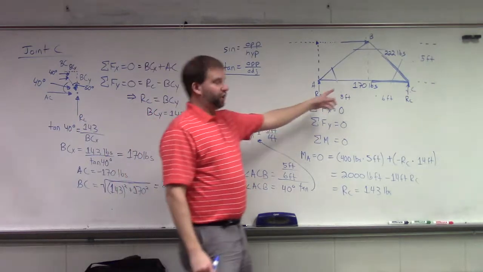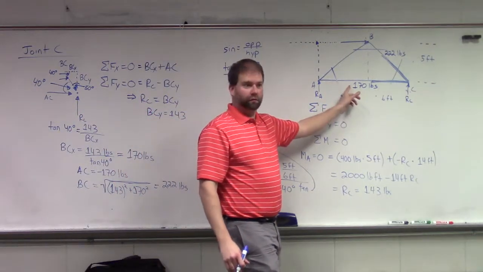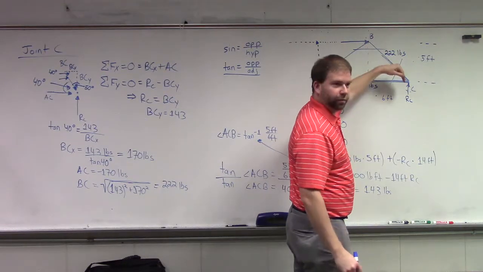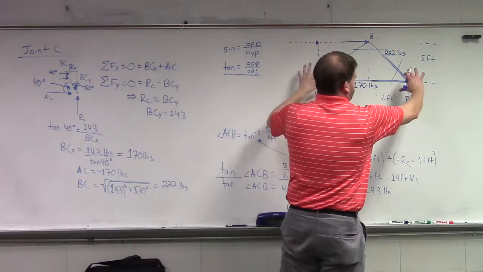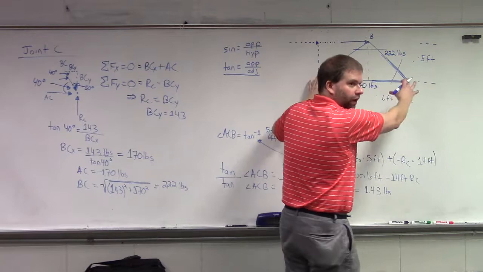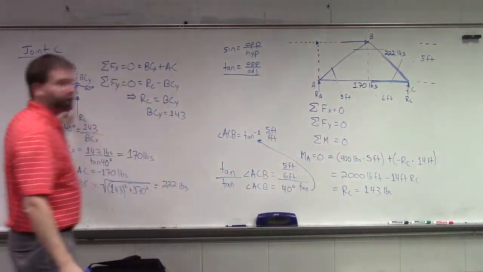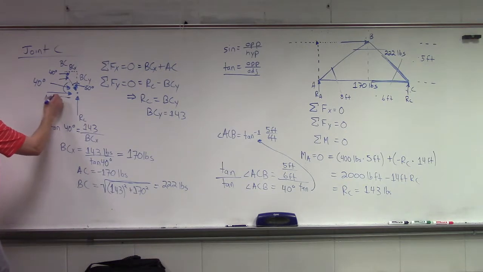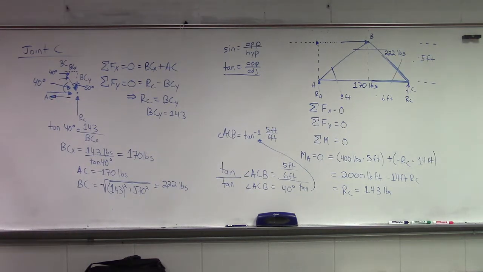Compressing. As we're pushing this way, this member is going to push down on this member, and that's going to push in on C. So my assumption on the sense of that force was incorrect, and AC is actually going to be going in that direction.